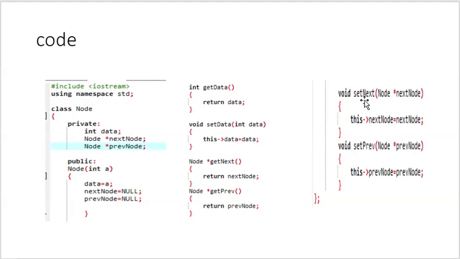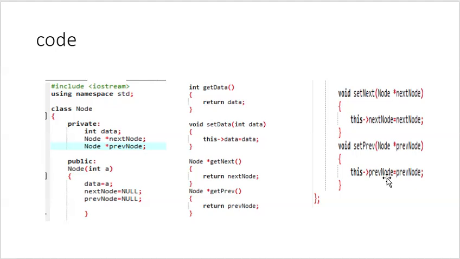The void set next, I pass the next node to it. We have declared 2 pointers, next node and previous node, which are part of the node. So in set next, this will be assigned to the next node, and in the other function this will be assigned to the previous node.